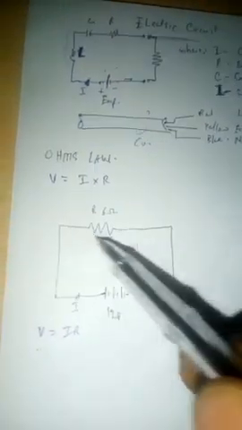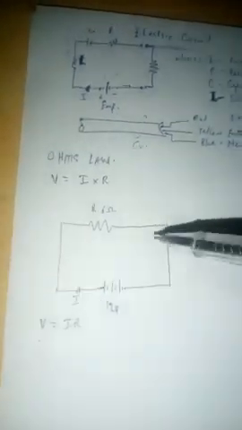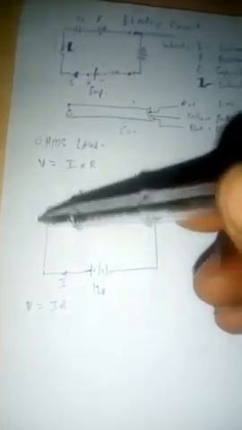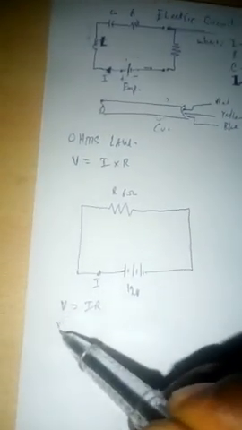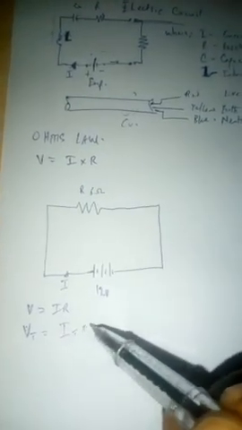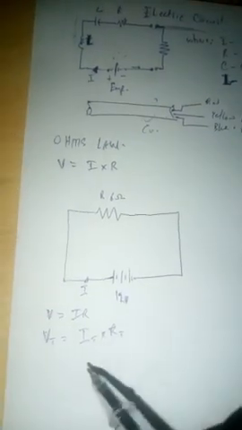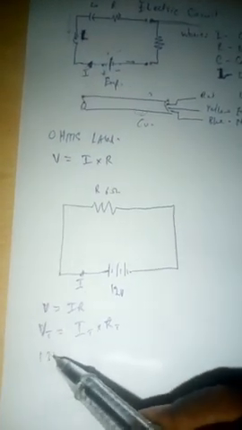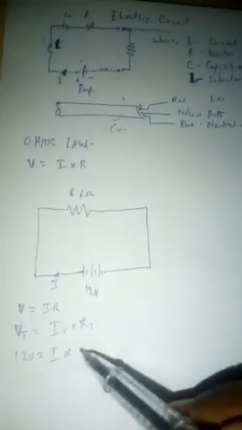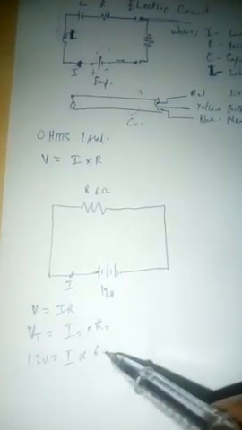This is the total resistance, neglecting the internal resistance of the cable itself. We don't have any other resistor here. This is the total resistance in the whole circuit. So that's like saying the total voltage equals the total current multiplied by the total resistance. That will be 12 volts equals I times 6 ohms.